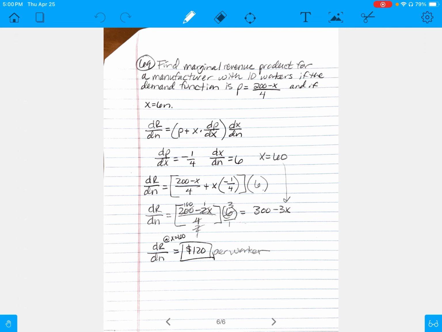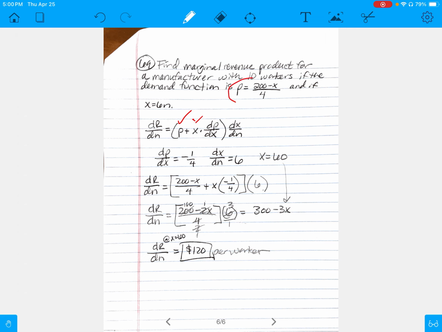So then we want to find each of those various quantities. We have an equation for P that was given. We have an equation for X that was given. So the two things that we need to find are dP dx and dx dN.